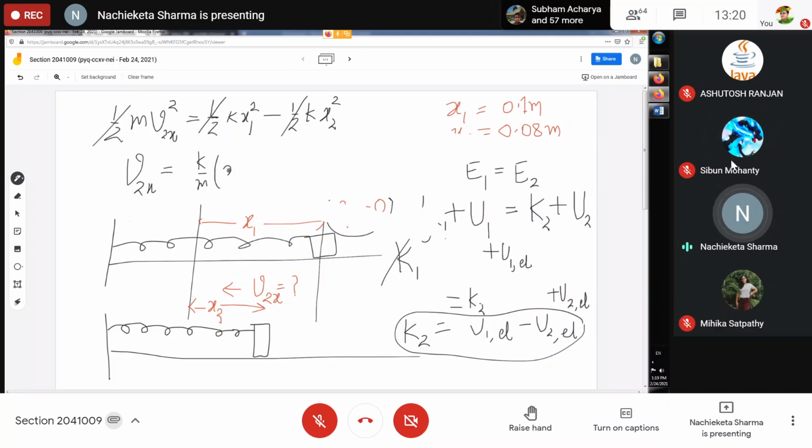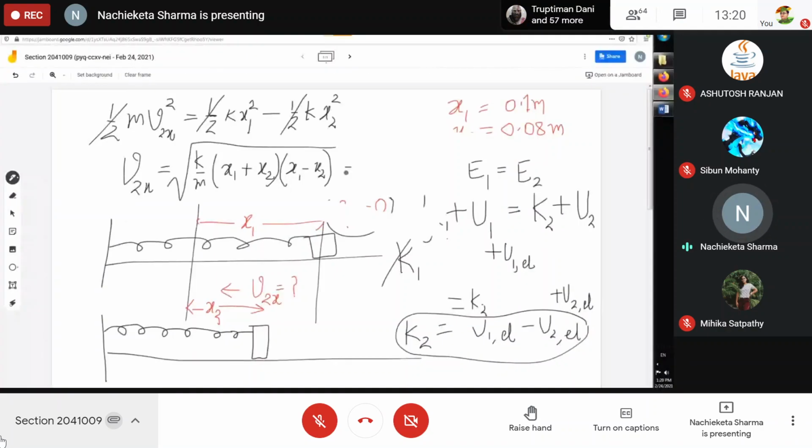So I can write it as x1 plus x2 into x1 minus x2. So that will make my algebra very simple. This is v2x square, but I am interested to find out v2x, so I will take the square root.